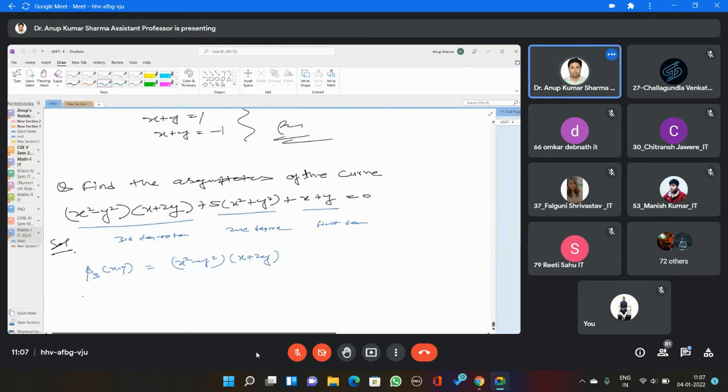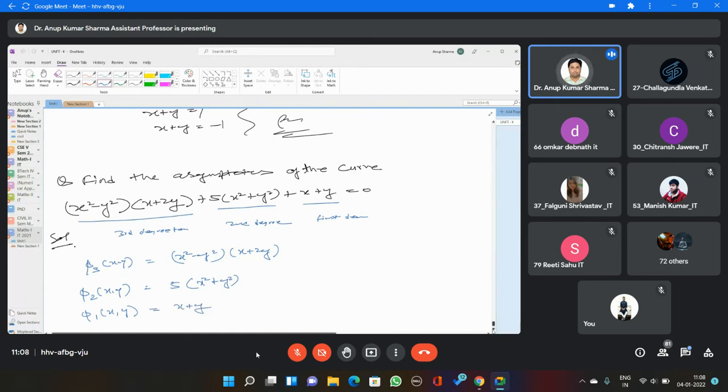Similarly, phi 2 of xy we can write as m, including m, x squared plus y squared, and phi 1 of xy is x plus y, if needed.